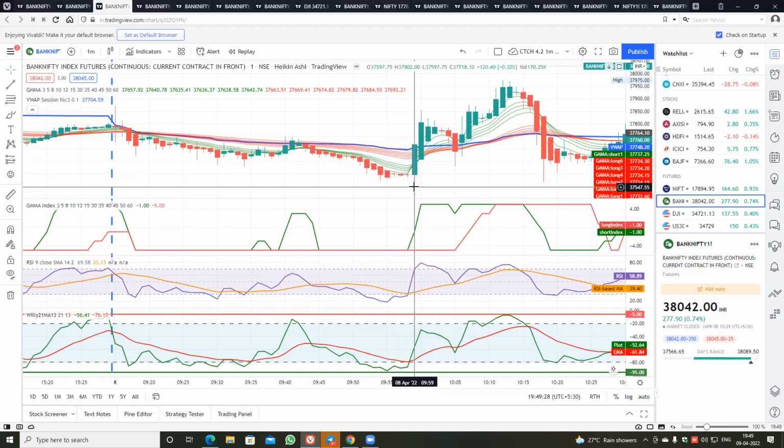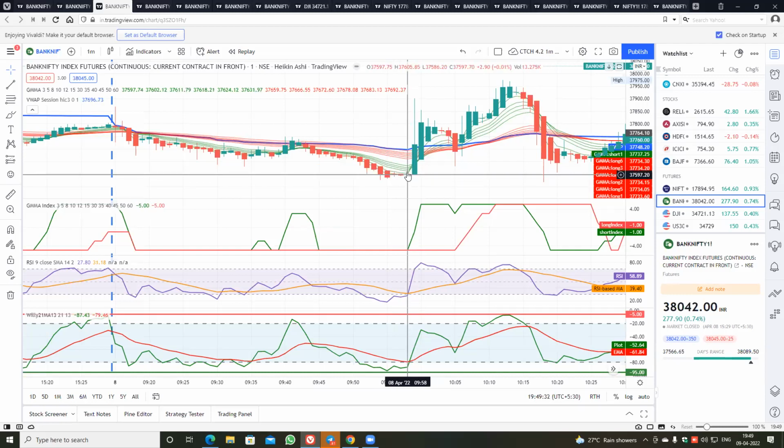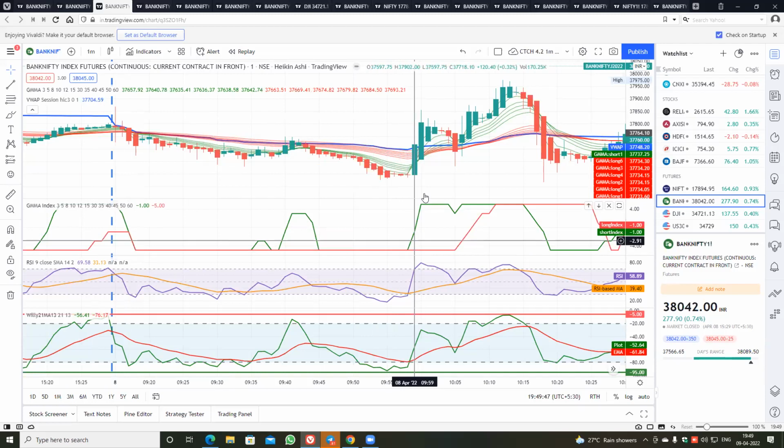After that, one sudden spike has happened. You can see the 3 first crossed over with 5, then 8, then 10, 12, like that. It went up. You can see the GMMA index also, the up movement. It went to the buying side here.